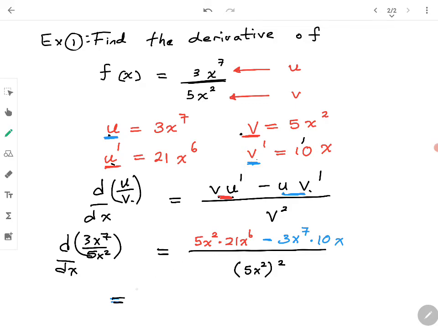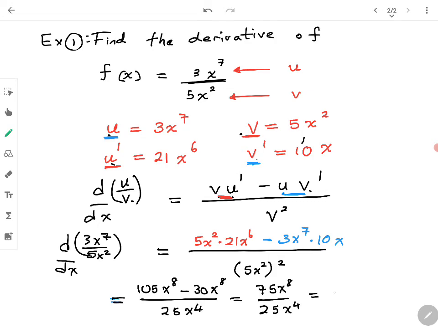So this becomes 105 x to the 8 minus 30 times x to the 8, and in the denominator you have 25 times x to the 4th. Just simplify this, so you have 75 x to the 8 over 25 x to the 4th. You can just cancel the terms, and that becomes 3 x to the 4th.